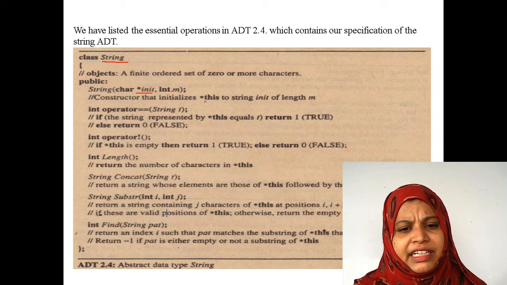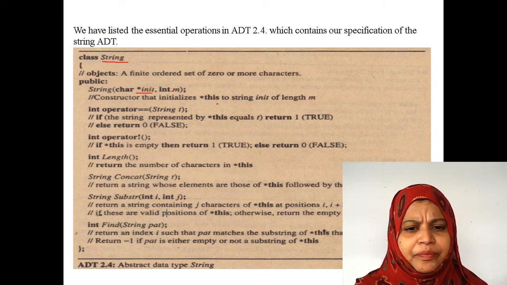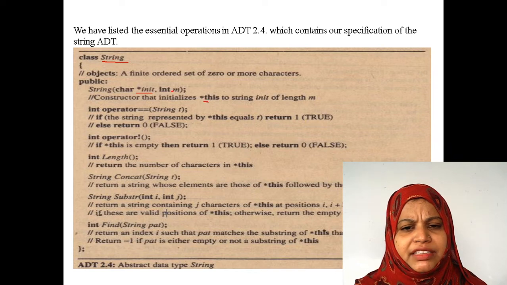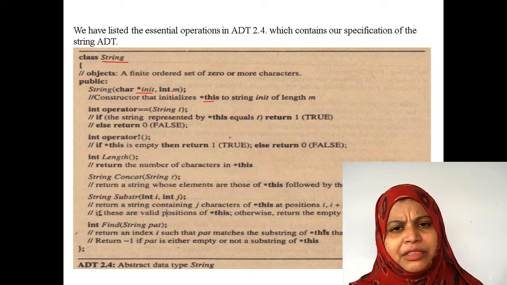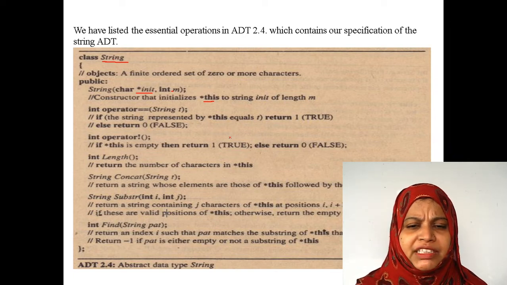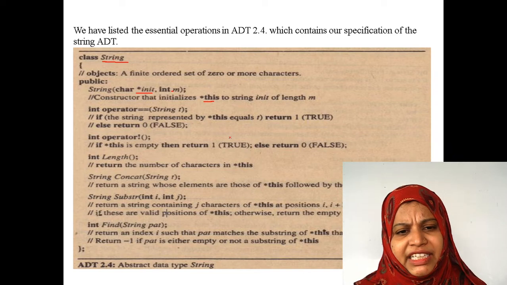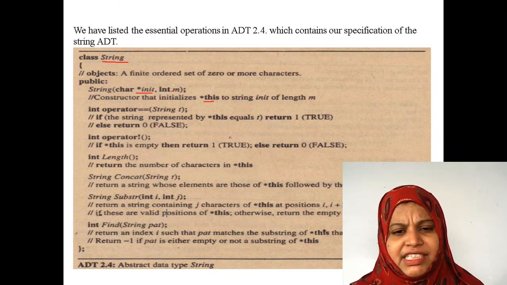The constructor initializes this to a string init of length m. Here, this is the pointer pointing to the current object or current variable. So the string is init, and the length of the string is m.